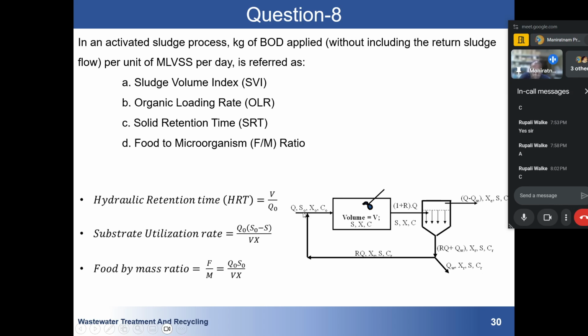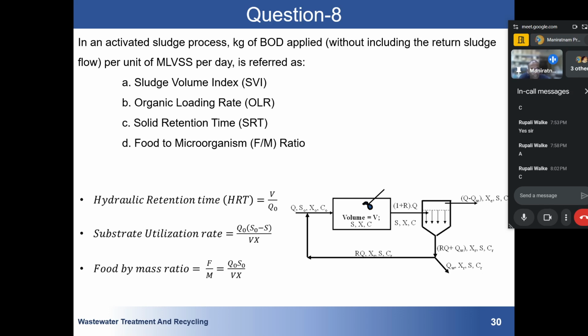Here we have different terms. Q, that is flow; S naught, X naught, C naught, initial concentration, initial biomass, initial substrate. After treatment we have other values. There is a relation between each and every term, between X naught, XR, XE, then C naught, CR, CE, relating all these terms.